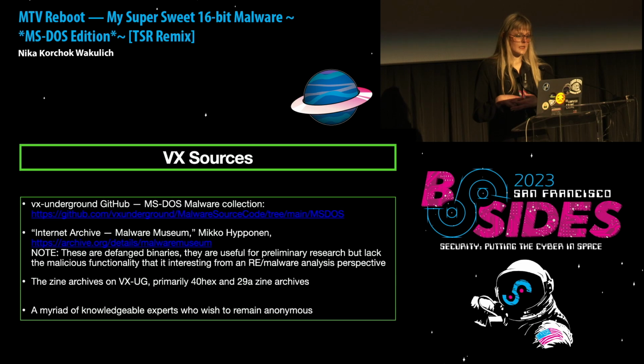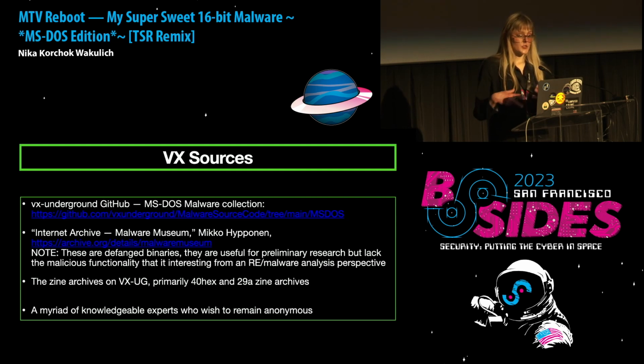Another source was the Internet Archive's Malware Museum, which was created by Mikko Hypponen. An important thing to note here is that all of the samples there are defanged binaries, which is helpful for looking at some of the graphical components especially, but they're not as useful for looking at the malicious functionality, especially from an RE or a malware analysis perspective.